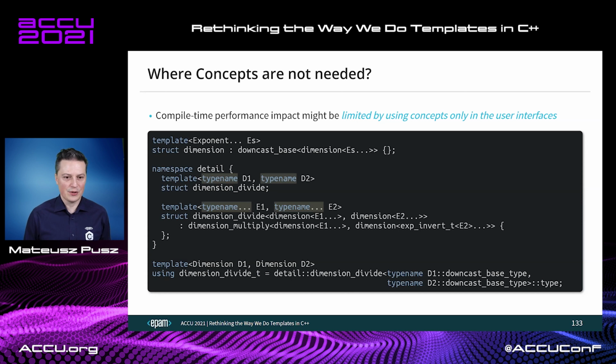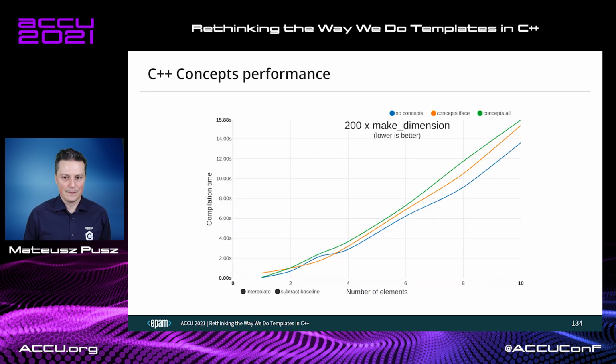Not many, but some. Here are some tests I did for making dimension for 200 times. And there is blue line for no concepts, green line for concepts everywhere, and orange one that basically follows the rules provided on the previous slide. You can find out that basically concepts are not that expensive.